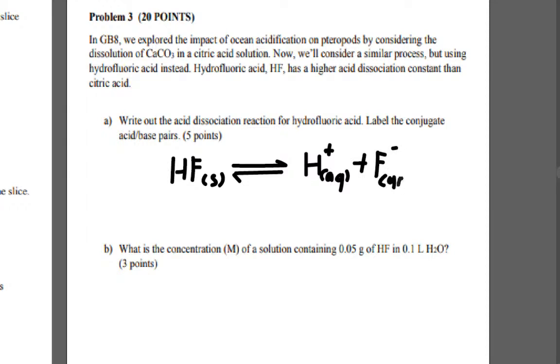There we go. For the pairing, I need to write the H2O, that's liquid. So this thing should be H3O+. Let's just remove that. There we go.